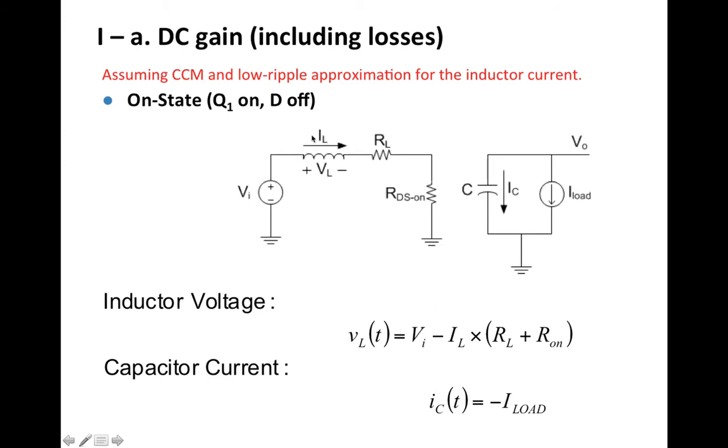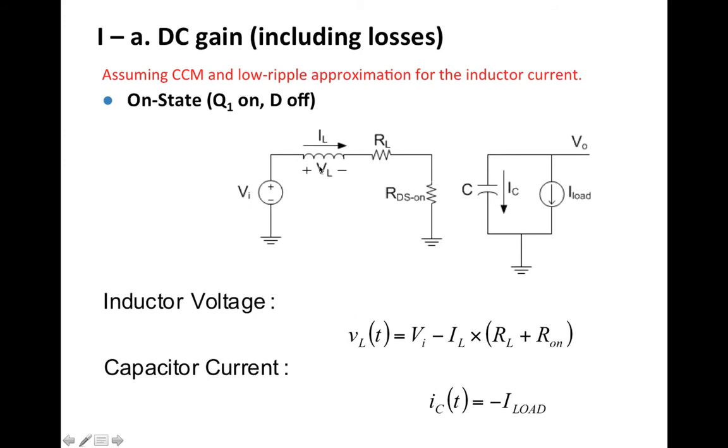In this case, the voltage applied to the inductor is the difference between VI, the input, and the voltage drop on these two resistors. Assuming again low ripple of the inductor, we can assume that the current going through these two resistors is constant and the same as the inductor current.